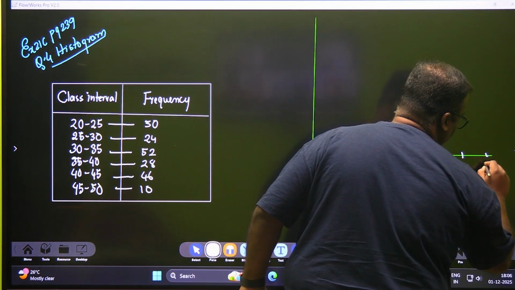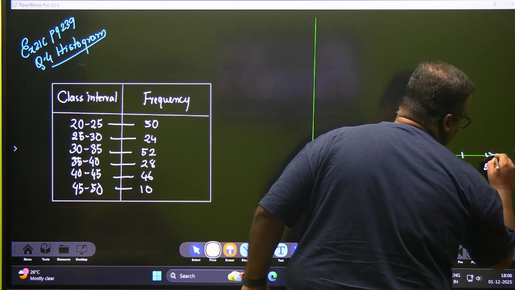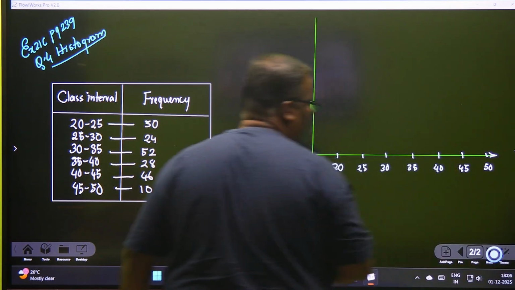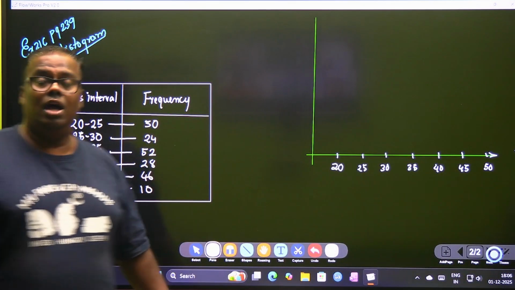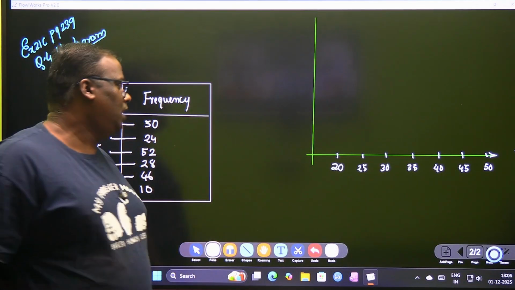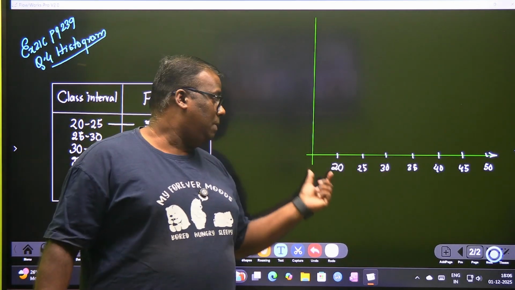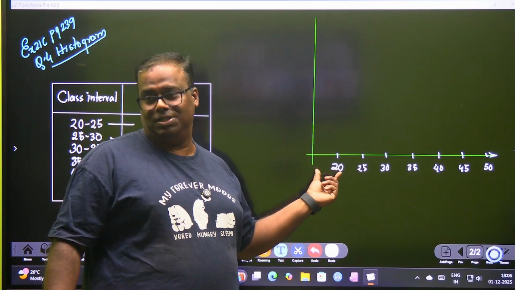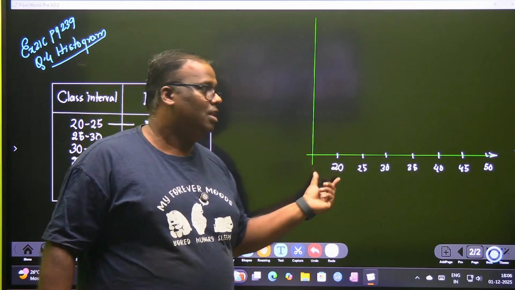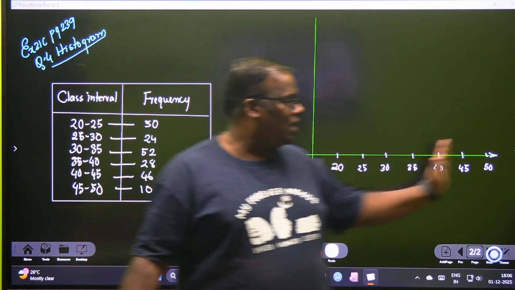So I'm making a 50 out here, and this portion I'm making it like an arrow. I am coming to that only. अभी देखो, each of these are representing 5, but ये तो 5 नहीं है, ये 20 है. गड़बड़ हो गया ना. But if we want to show it 5, our graph goes extended.